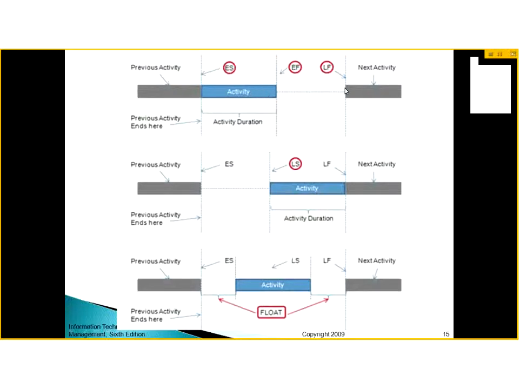For example, if you subtract the duration from the latest finish time, the activity can be performed over here as well. Okay, so this is another way an activity can be performed. And the activity can be performed in this way as well. So if you see the latest finish time, and the early start time, and the actual time where it is starting, both of these things are showing the float.